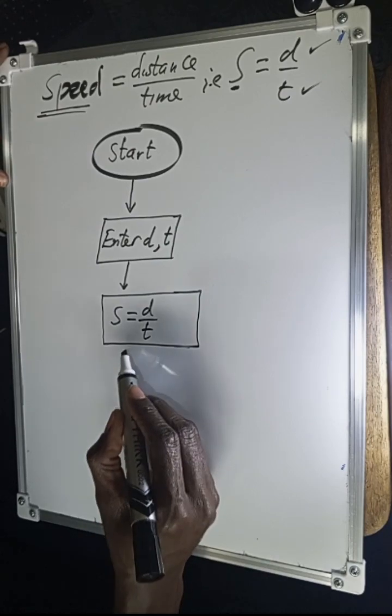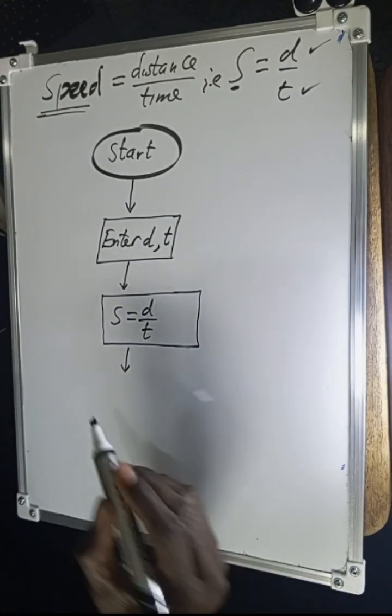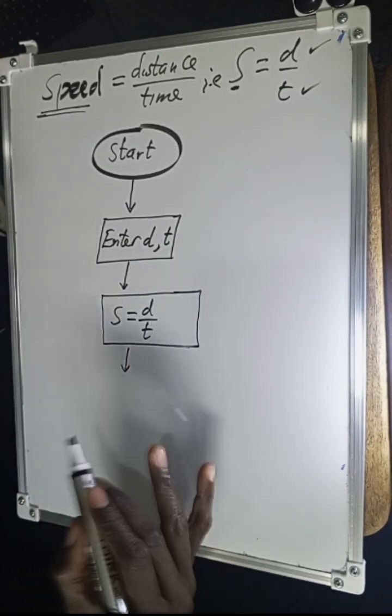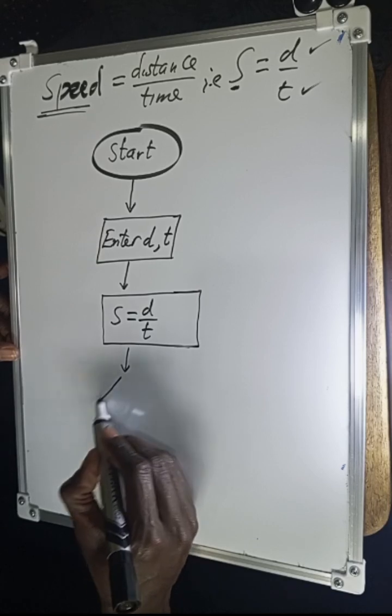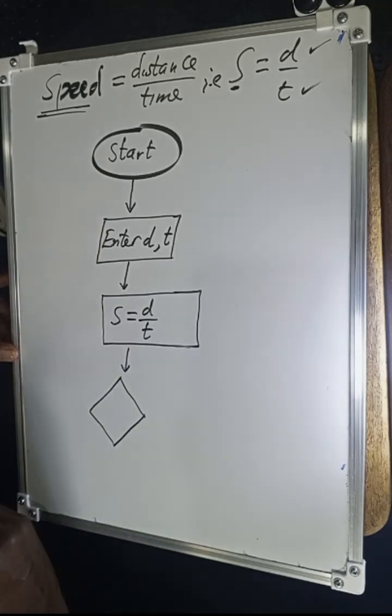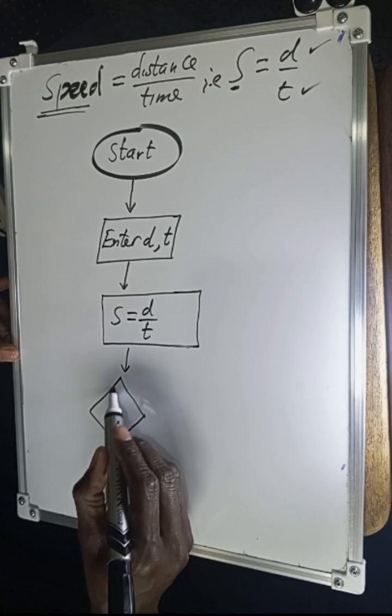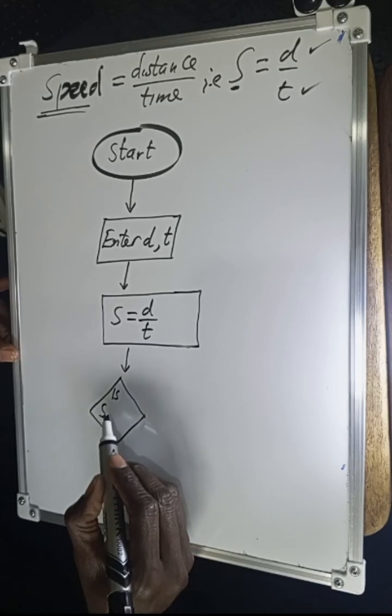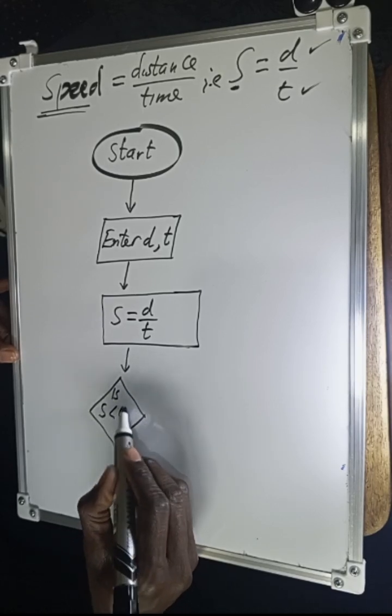Now, of course, if I wanted, I would have proceeded to displaying the answer and ended this program. But let me further increase this and show more of the symbols that we use. Suppose I have a decision that I need to make. And what is that decision? I simply ask, is the speed less than 0?